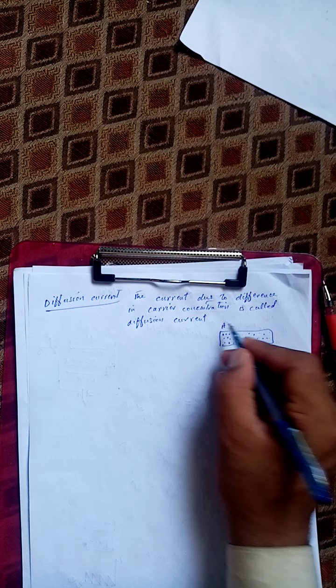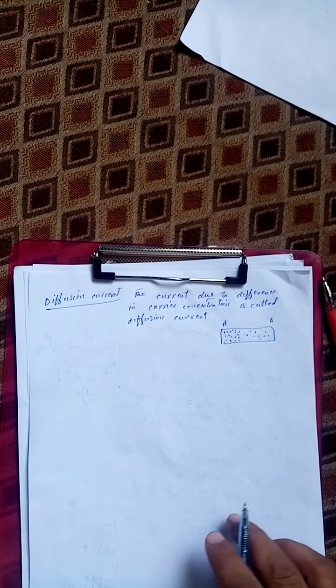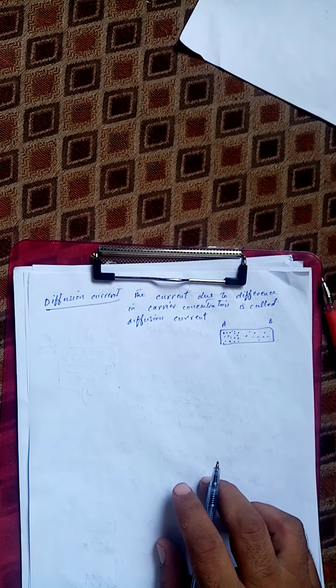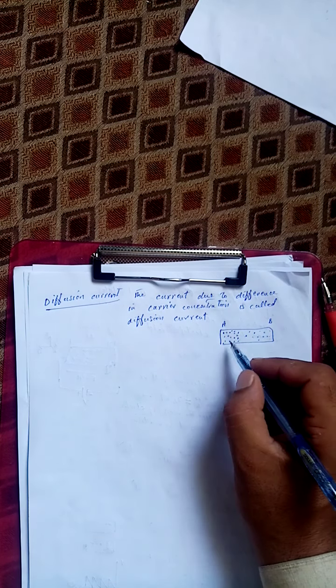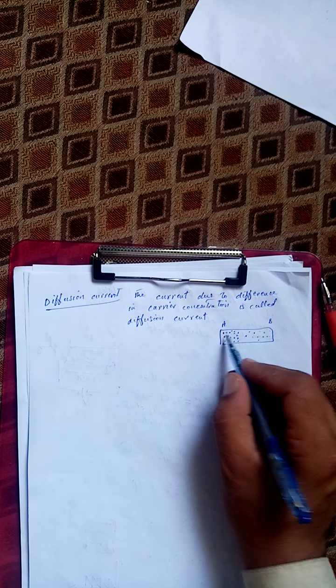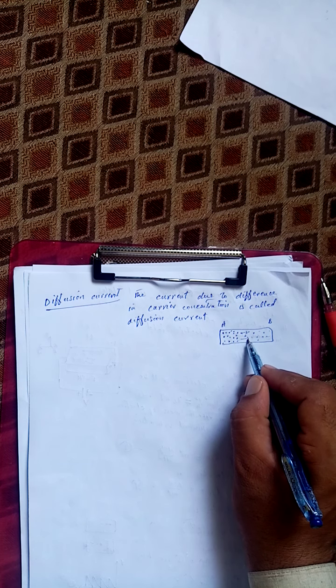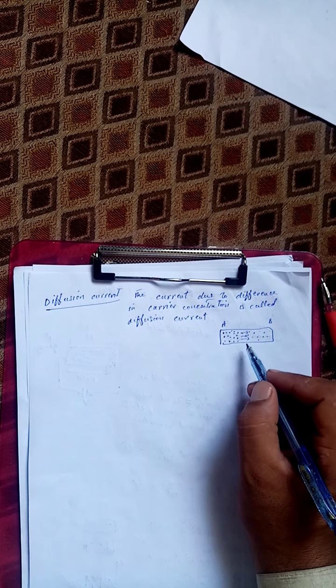Suppose this is A and this is B. Since there is a concentration difference, the electrons will move from higher concentration to lower concentration, and there is a flow of electrons, so there is a current, and that current is called diffusion current.